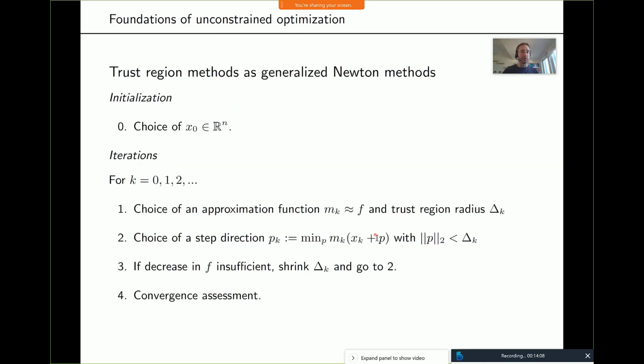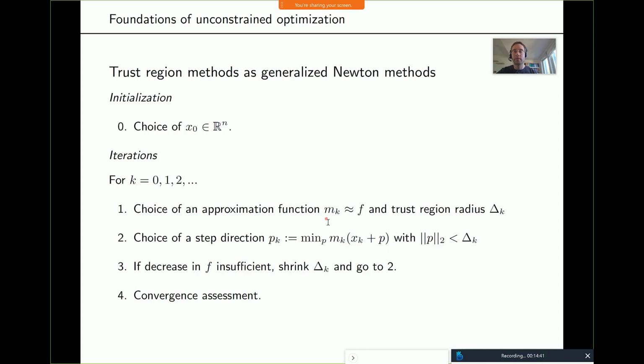In general, Newton methods can also be generalized. Like gradient descent can be generalized to line search methods, Newton methods can be generalized to what is known as trust region methods. Trust region methods in general start with the choice of some initial parameter, like always, and then they are characterized by the choice of an approximation function.